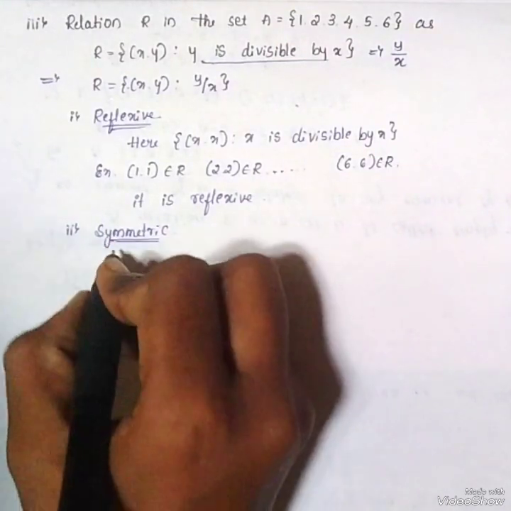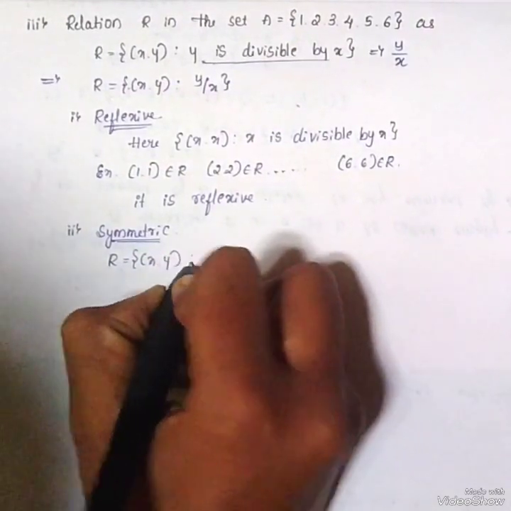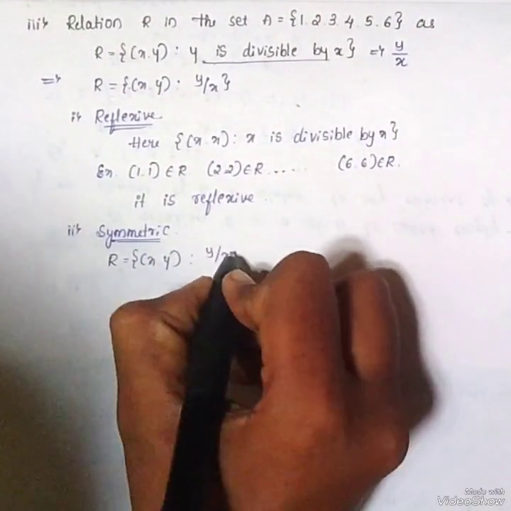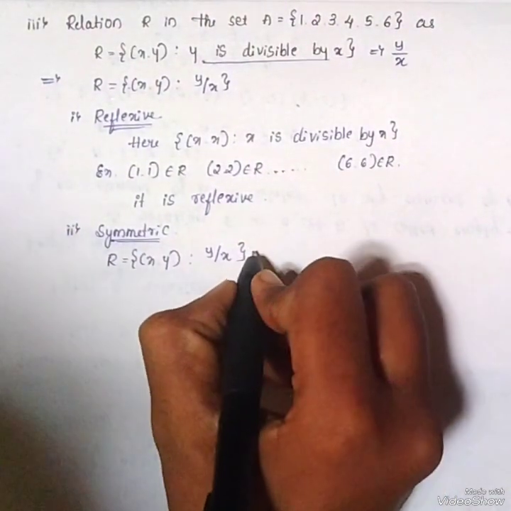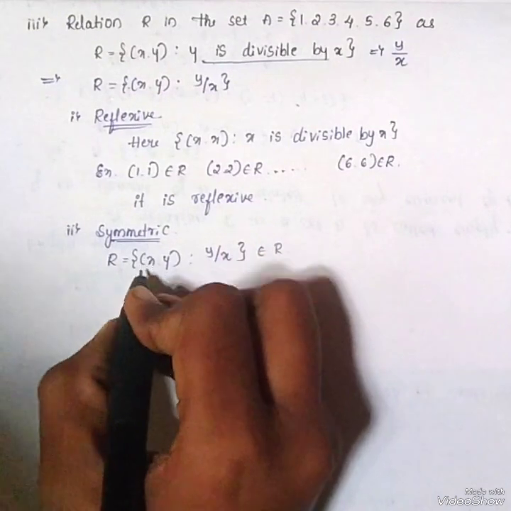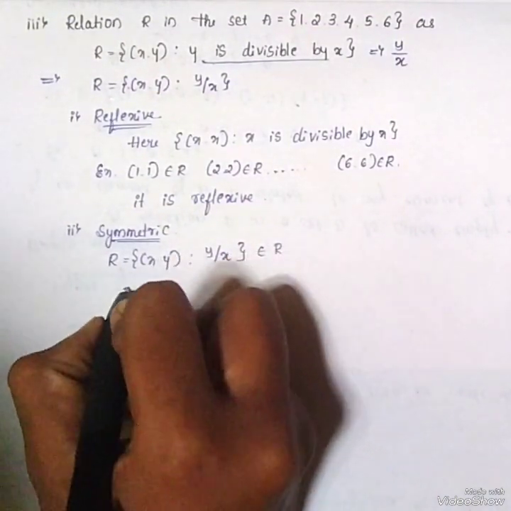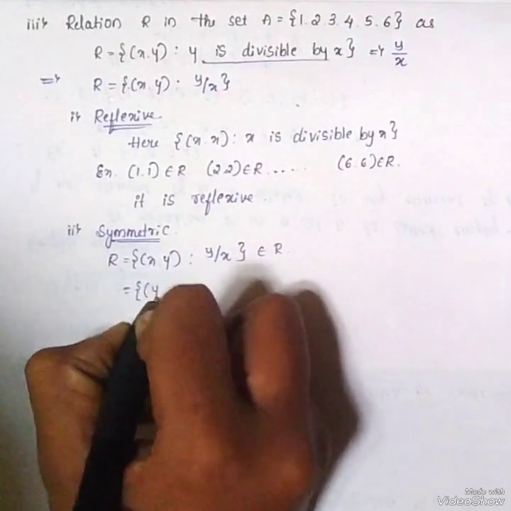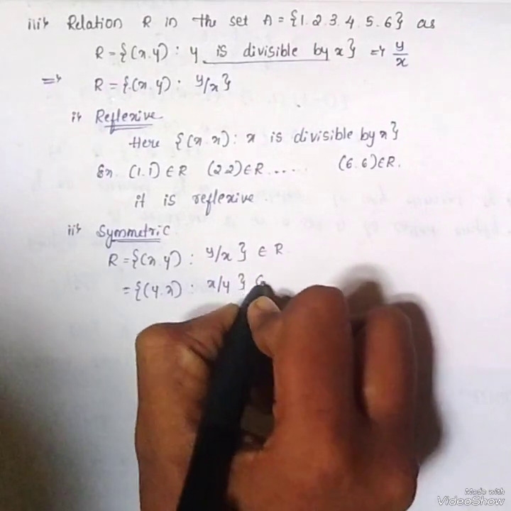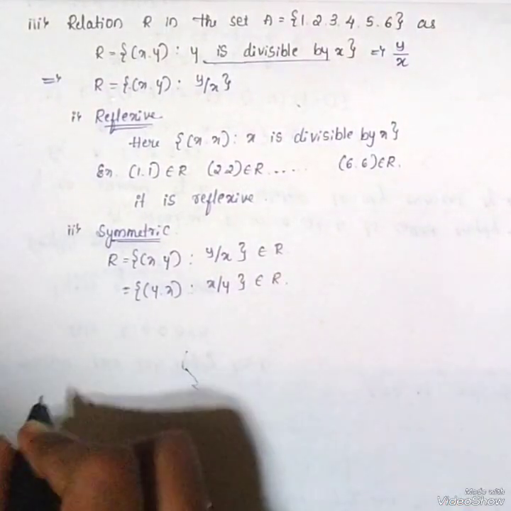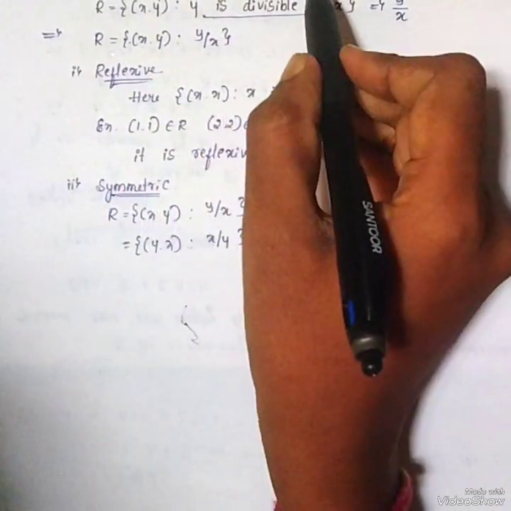R equals x comma y such that y is divisible by x, which belongs to R. Again, y comma x such that x is also divisible by y, that belongs to R. Here we check this condition by taking an example in the set.